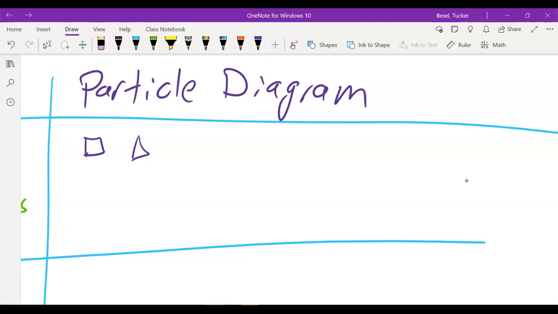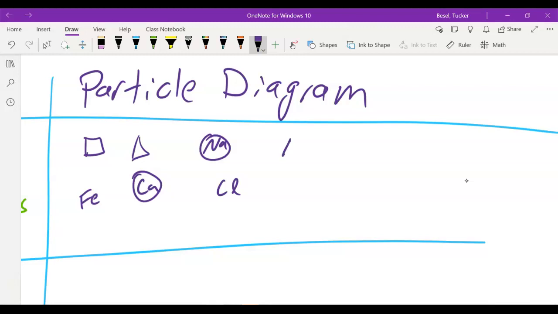Sometimes I'll have you draw things like this, but then you also have the more applicable things, which are actual elements. So it could be Fe, or Ca, or Na, or Cl. Those are all just different atoms, and I could represent them just with the chemical symbols, or I could put them in a shape like this too. So these would all be examples of atoms.